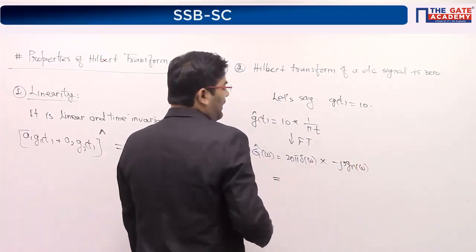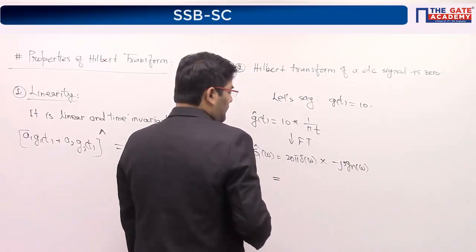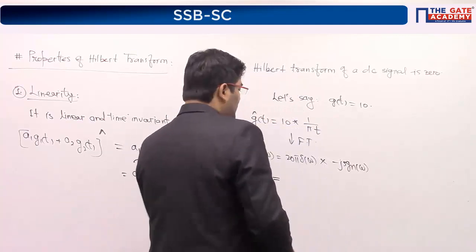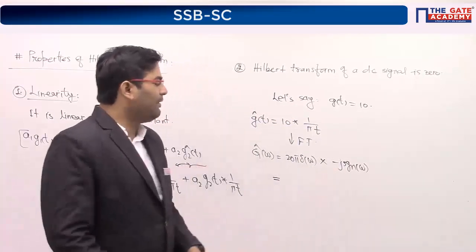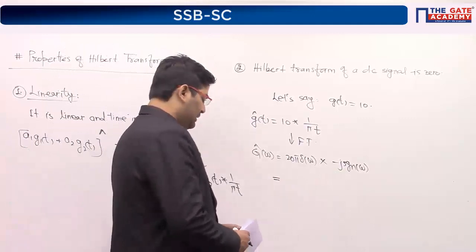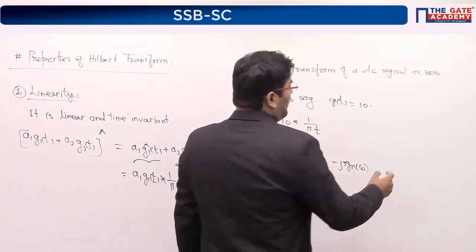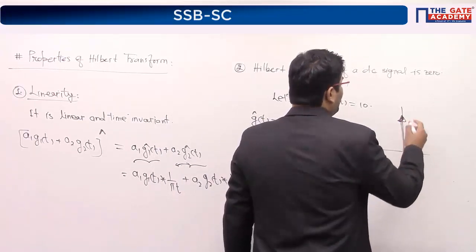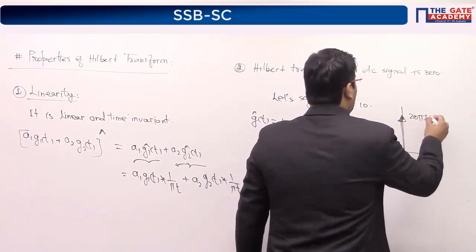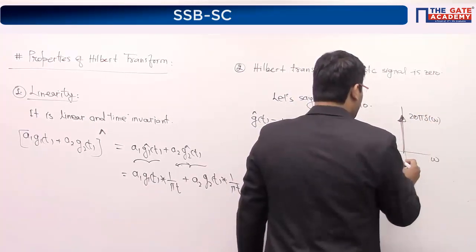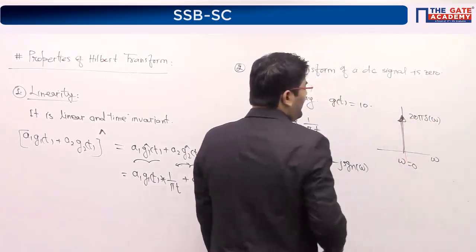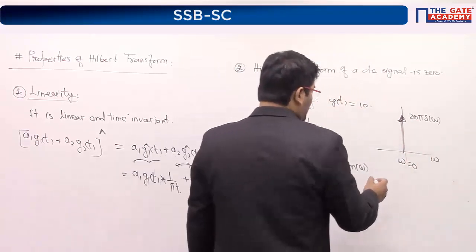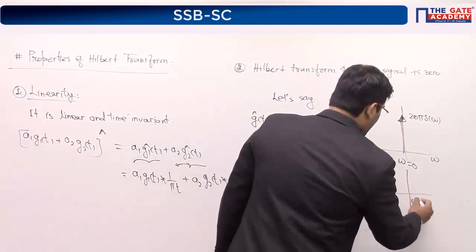So guys, what will happen if you look at this? 20 pi del omega you are multiplying with minus j signum omega, and you know how del omega looks like. So del omega looks like this. It is only 20 pi, area under that, 20 pi at omega equal to 0, but at omega equal to 0, signum omega is 0.